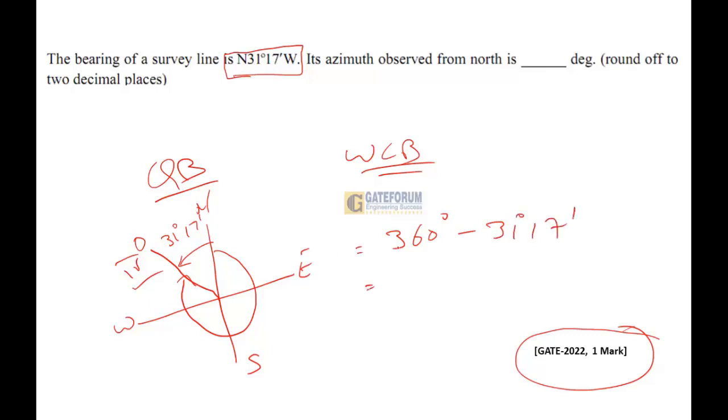I want to convert into the azimuth bearing system, also called true bearing or whole circular bearing system. 360 degrees minus 31 degrees 17 minutes is 328 degrees 43 minutes 00 seconds.